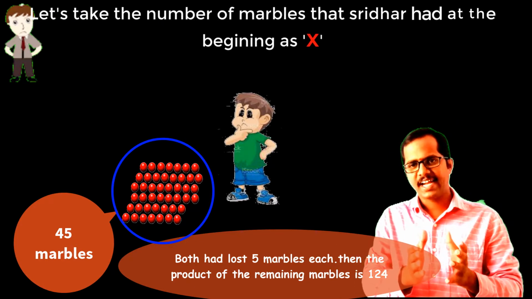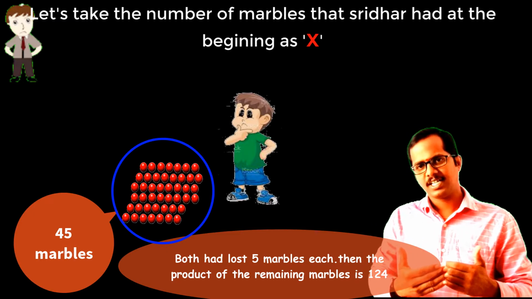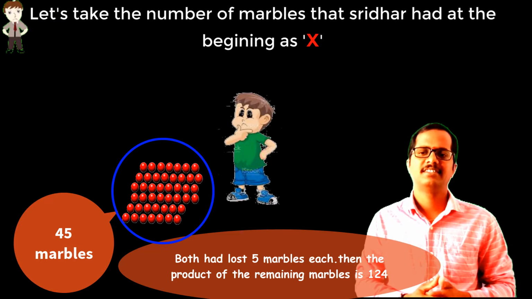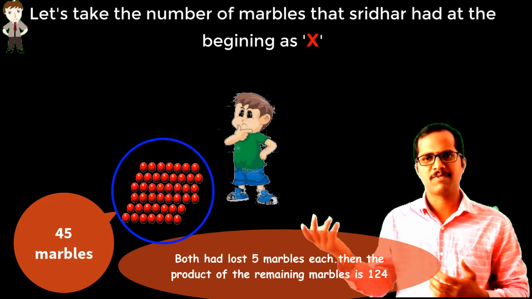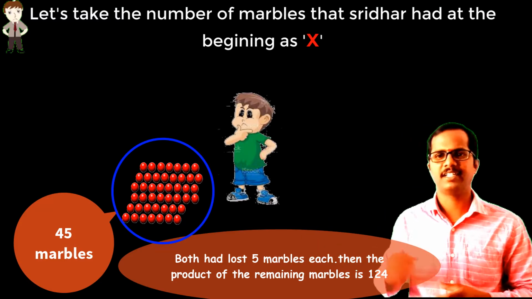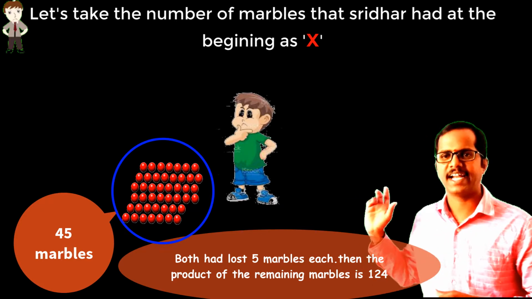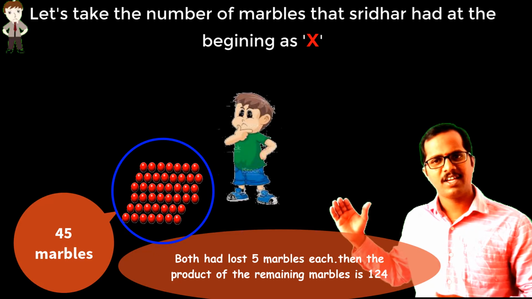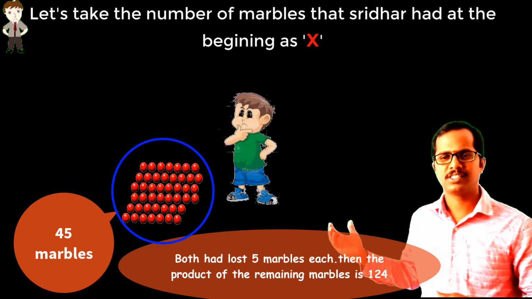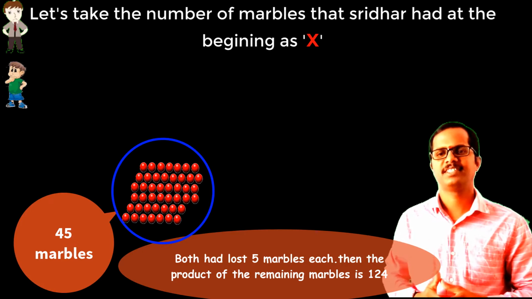Now if Sridhar had x marbles, then how many marbles did Rajendra have? The total number of marbles that both of them had is 45, and we assumed the number of marbles that Sridhar had is x. Can we say the number of marbles that Rajendra had using this information? Yes.